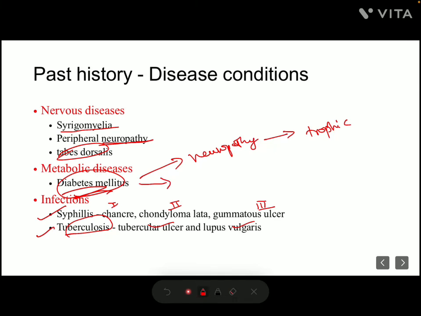Or diabetes can cause microangiopathy, and that might lead to arterial ulcers with intense pain. Or due to the high presence of glucose in diabetes, you can also have infections and gangrene setting in. As I've already told you, nervous diseases can cause the patient to lose sensations in his peripheries, thereby causing repeated trauma and trophic ulcers.